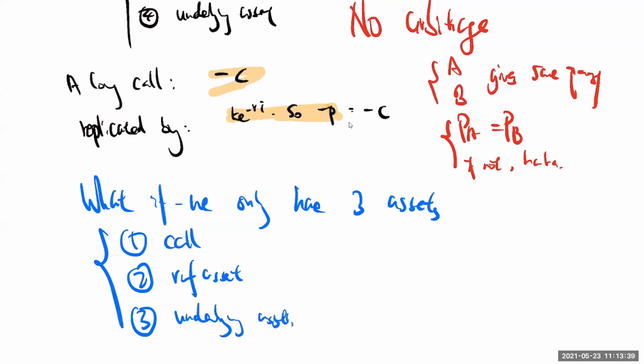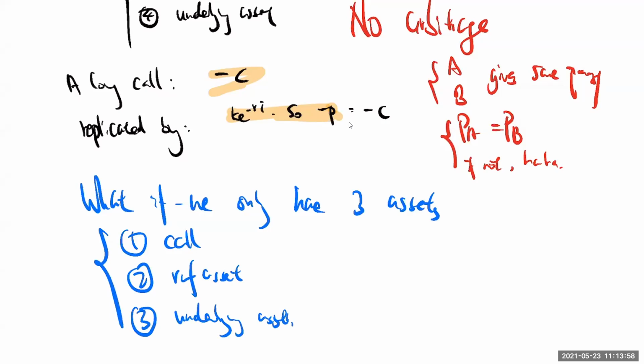So now we have just 3 assets: call option, risk-free asset, underlying asset. Here we don't have a put option, or you can say we have a put option and we don't have a call option. Because if we have both, then we have put-call parity and we don't need a model. So if that's all we have, how do we actually price the call option?